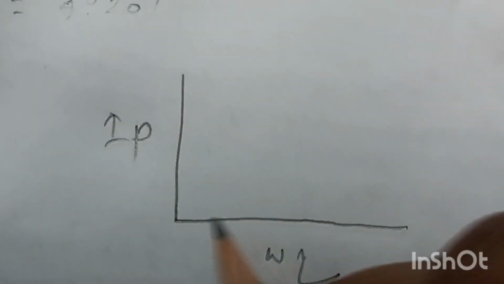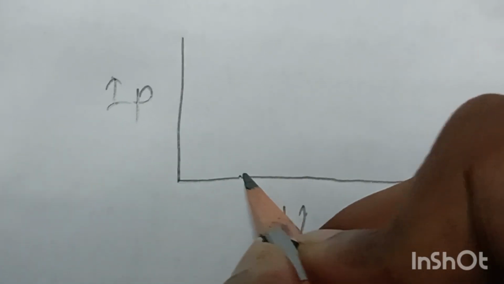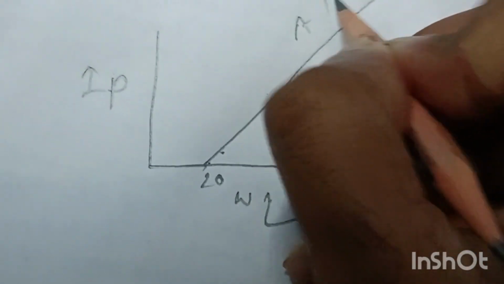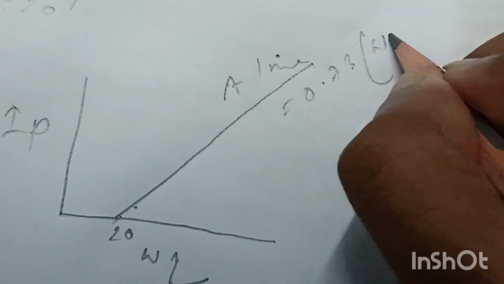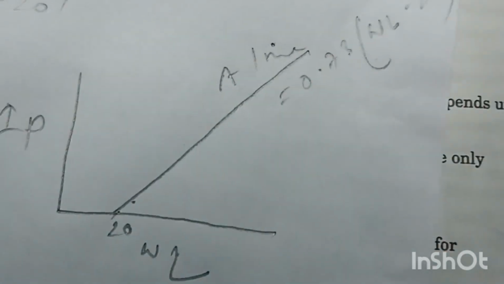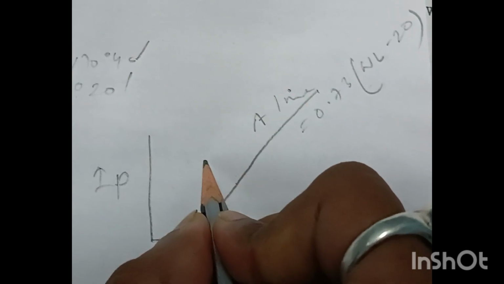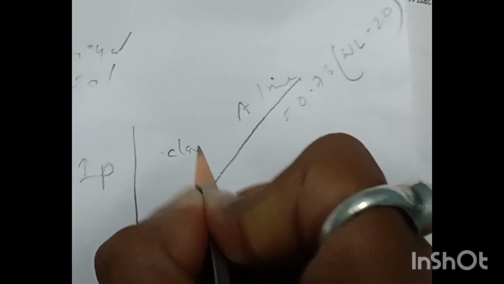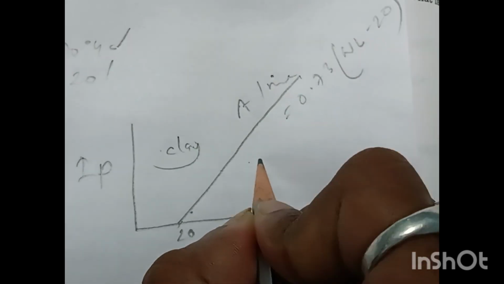Over this chart a line is drawn from liquid limit 20, that is called the A line, and the equation of this line will be 0.73 into (WL minus 20). Above this line the soil will be clay, and below this line the soil will be silt.